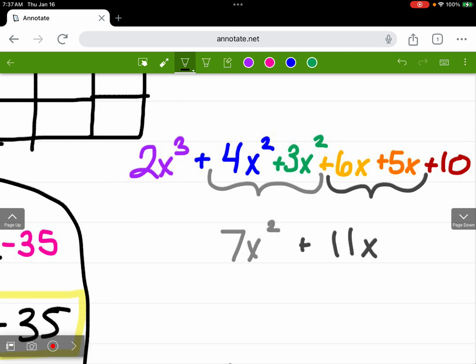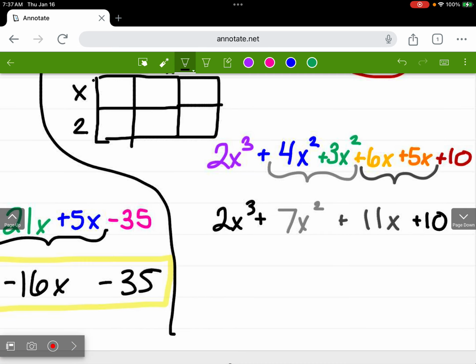And then our other two pieces just kind of hang out. So my 2x cubed is chilling, and my 10 is chilling. There's nothing else we can combine together. All I have here is apples, apple pies, and apple trees. Can't combine those together. And that's our multiplied piece here.